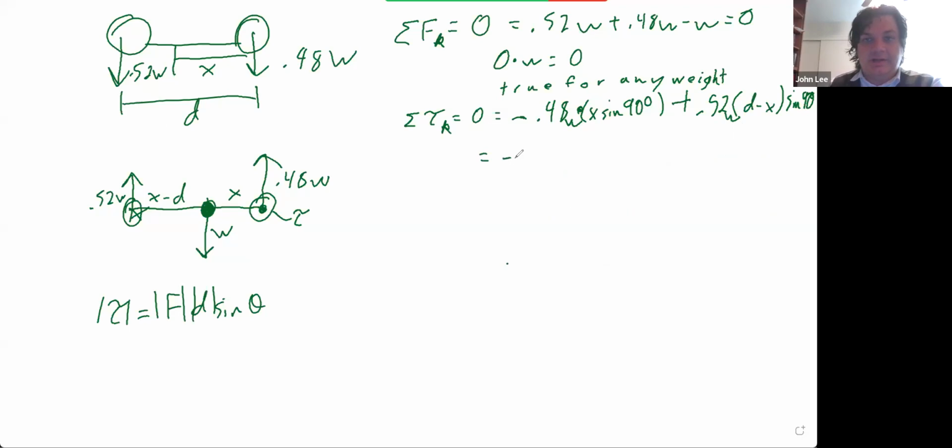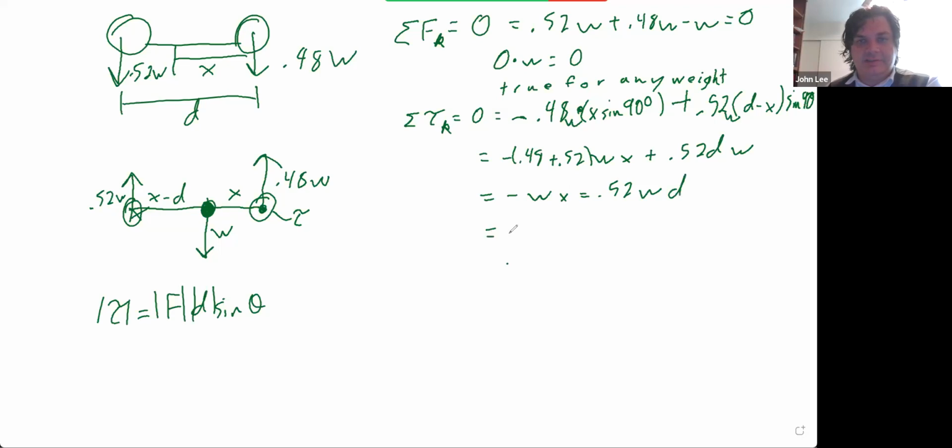So negative 0.48 weight times x plus 0.52 weight times d equals 0, so 0.52 d minus x equals 0.